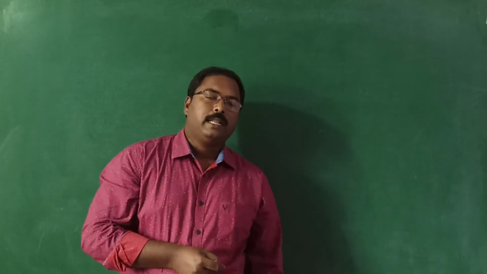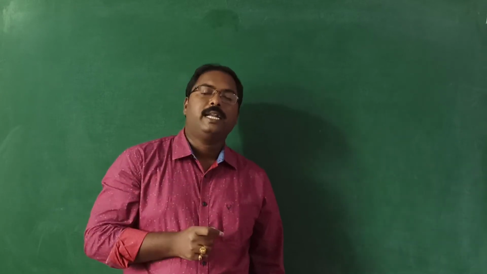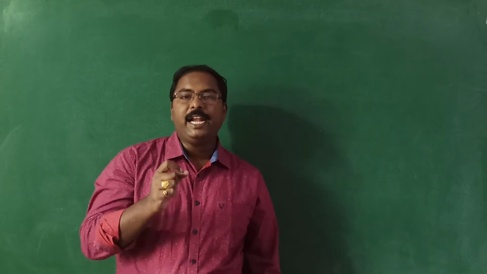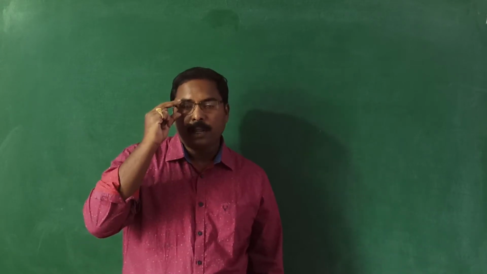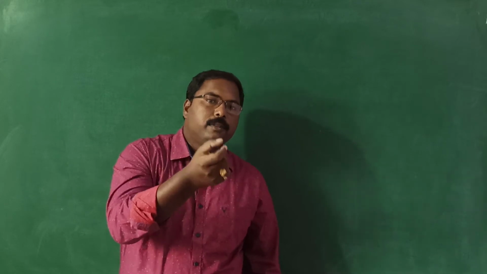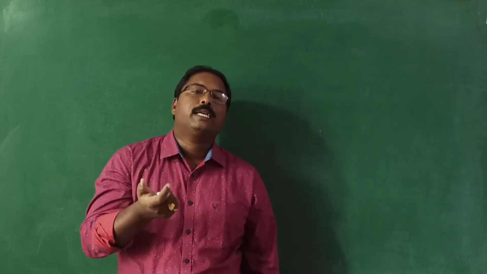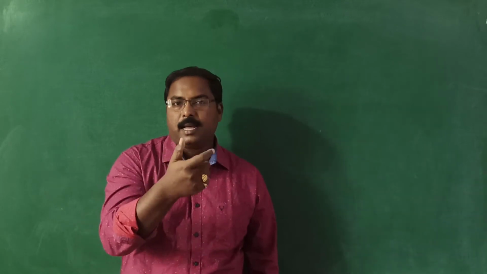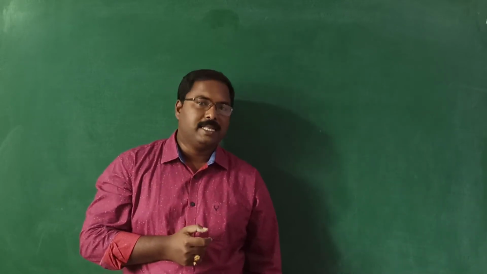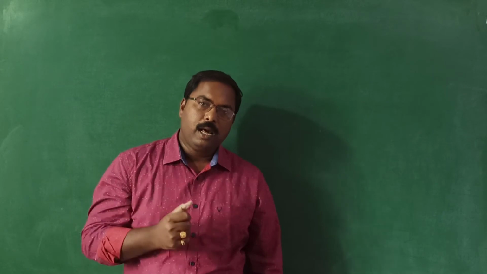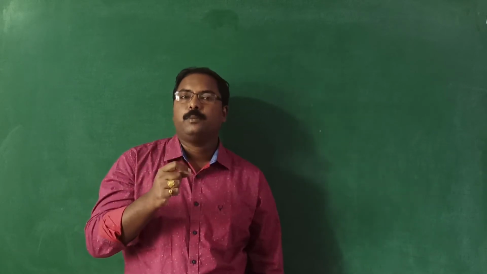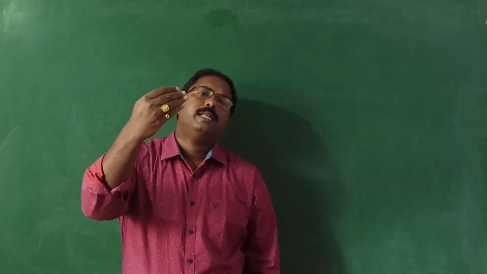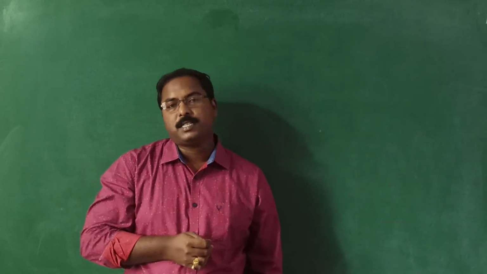In Rutherford's atomic model we have one drawback. What is the main drawback of Rutherford's model? Rutherford's theory failed to explain the stability of the atom, right? Now we are going to discuss Bohr's atomic model, which overcomes the drawback of Rutherford's model.